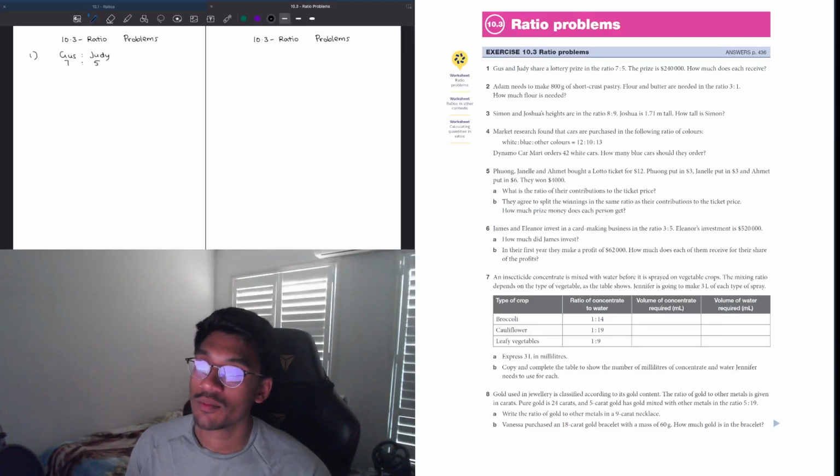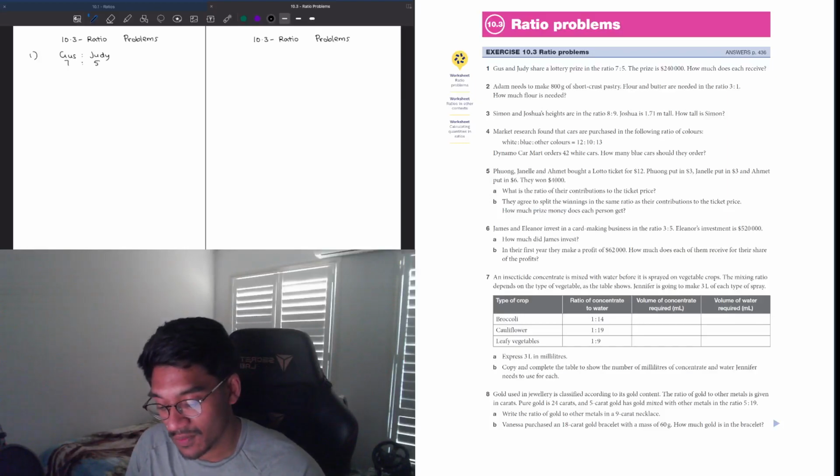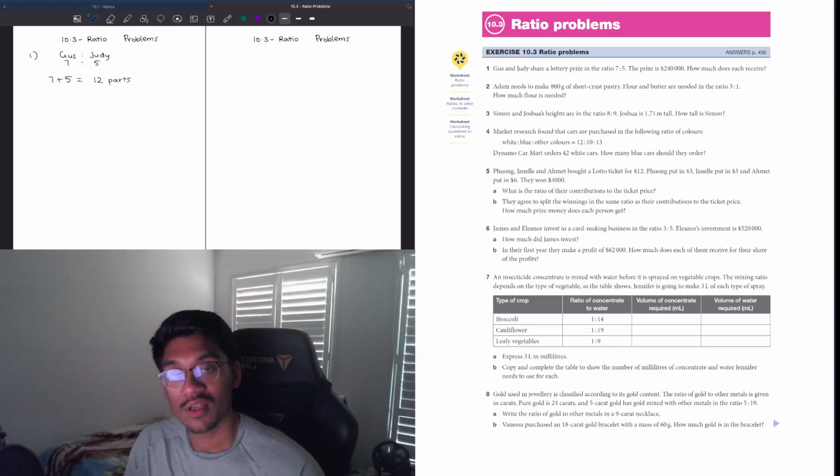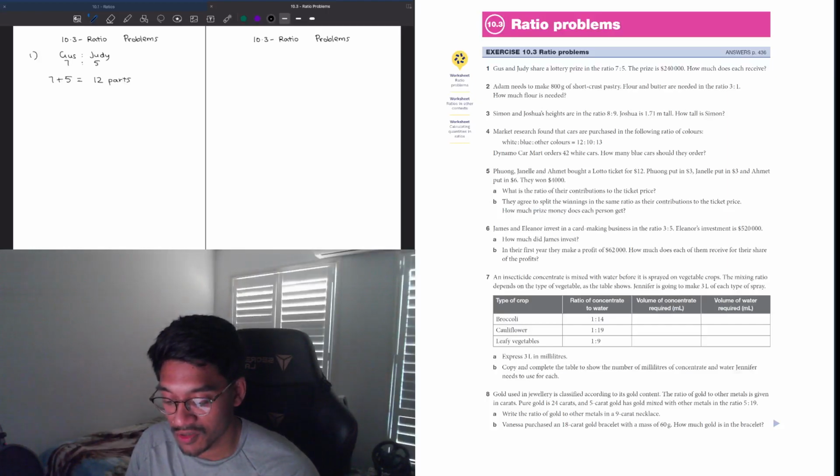receives. Because we know the total, what we need to do is find out how many parts there are and do the total divided by how many parts. So to work out how many parts there are, we do 7 plus 5, which equals a total of 12 parts. Now we need to work out how much one part is worth. So I'll do $240,000, because that's the total they've won, right?